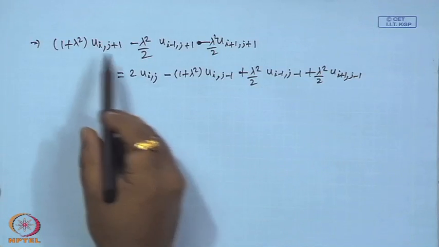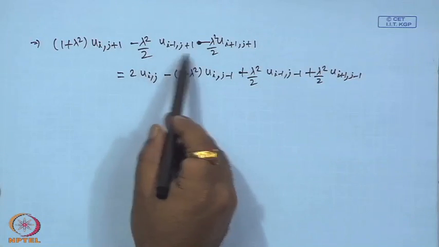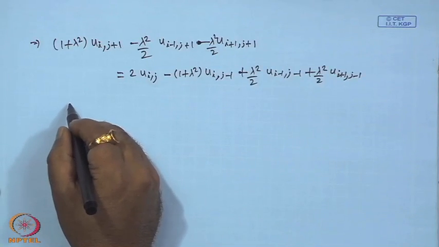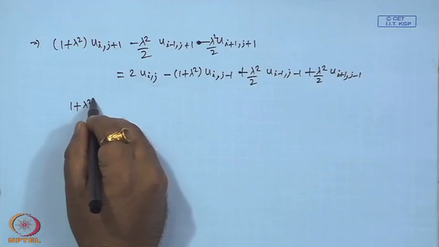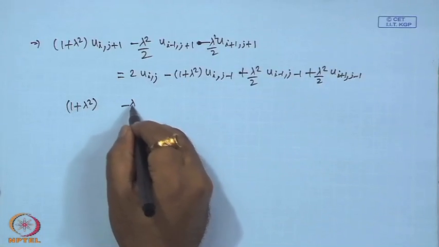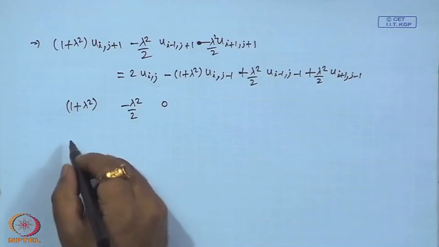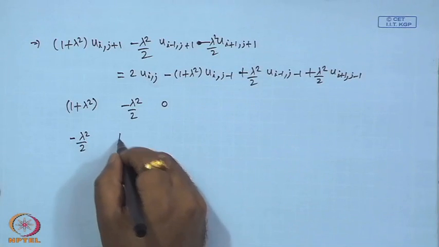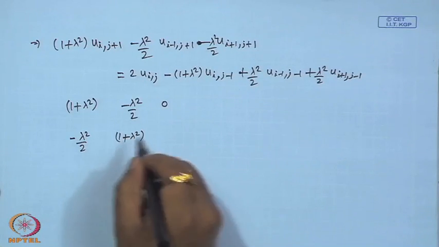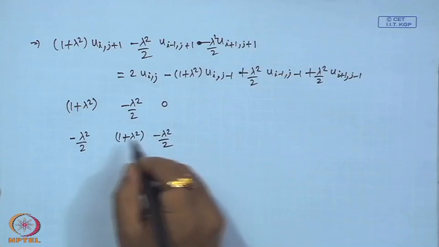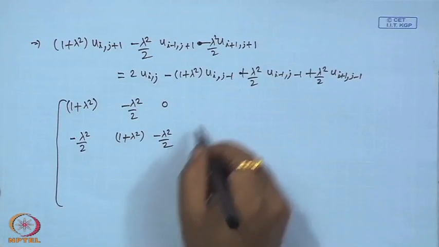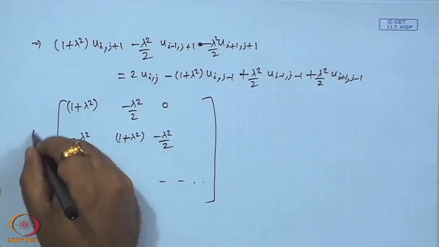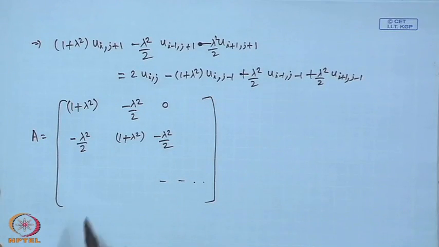So, the coefficients are in this form. Okay. This is the standard form we have. So, this is our matrix A. Okay.